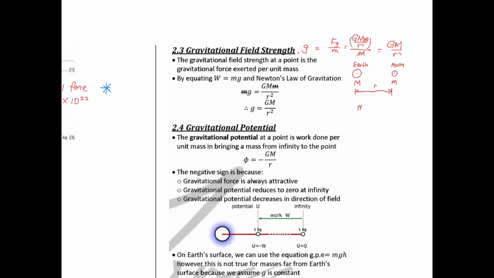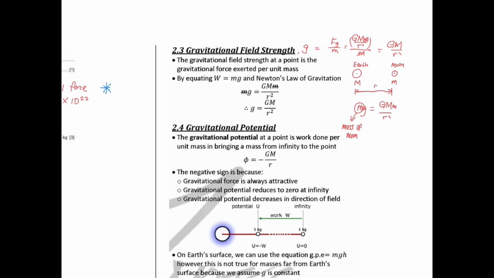So mg equal to GMm over r squared. This is another way to derive it based on the notes. So if I'm using small m, you need to know that this is the mass of the Moon.